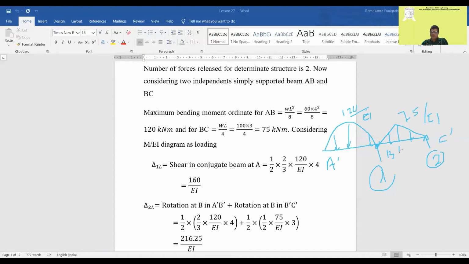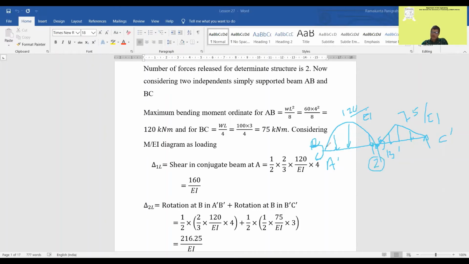What is 1? 1 is taken here at the conjugate beam at A. We have taken the moments as the unknowns here, so this is not 1 2, let me correct it. 1 and 2 are your moments. We have taken this released structure, and here we have taken the moments as your coordinates. So this is 1, this is 2. Okay, this is being considered.